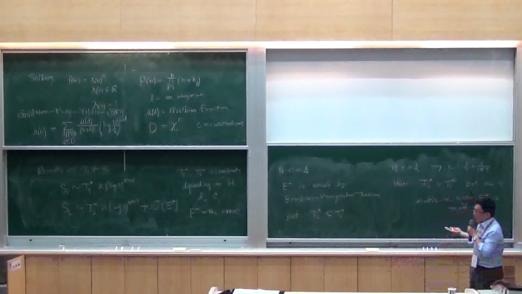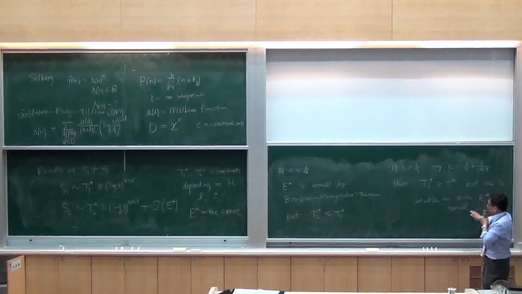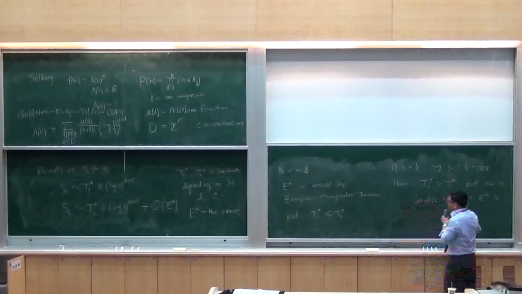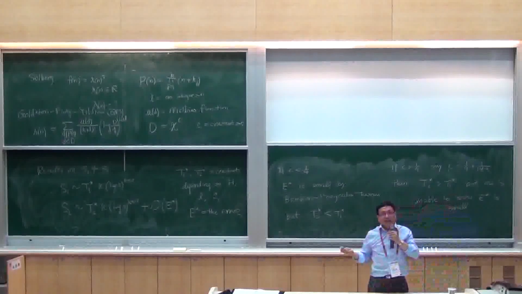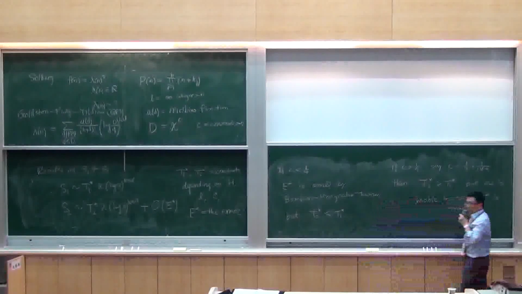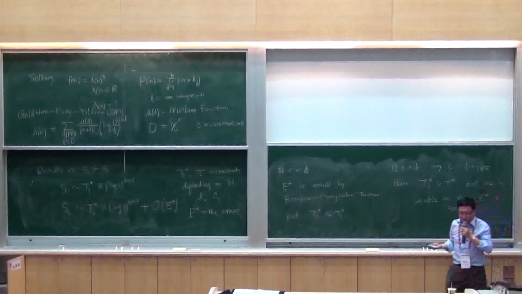Let me say, we have solved the bounded gaps problem, but in general we are unable to show this is small. To show this error term is small, even if we assume some very strong hypotheses, like the generalized Riemann hypothesis, still we are unable to show this. So this is a very deep problem.